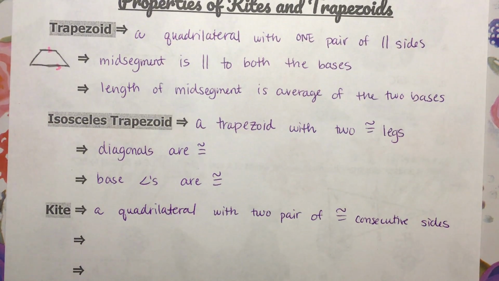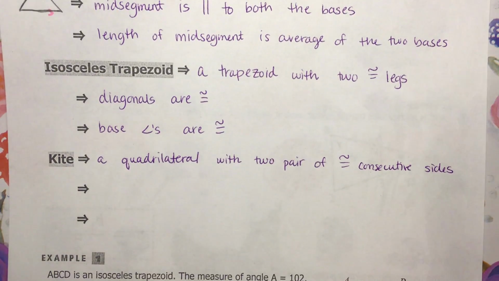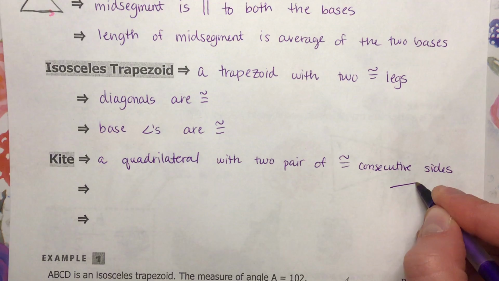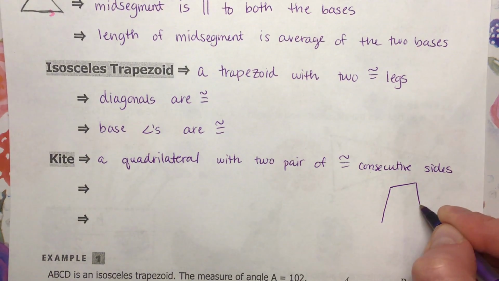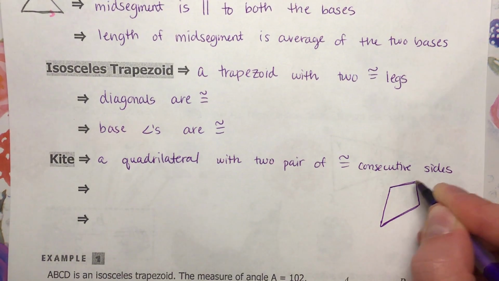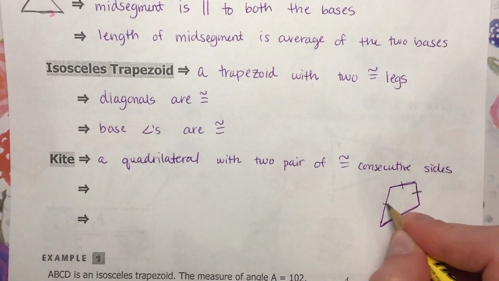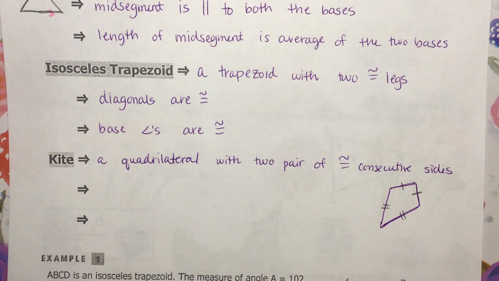Remember, consecutive means that one side follows after the next in the shape. So if I were to draw a quick image of a kite, it would look something kind of like that, to where this side is congruent to that one and this side is congruent to this one. Okay.